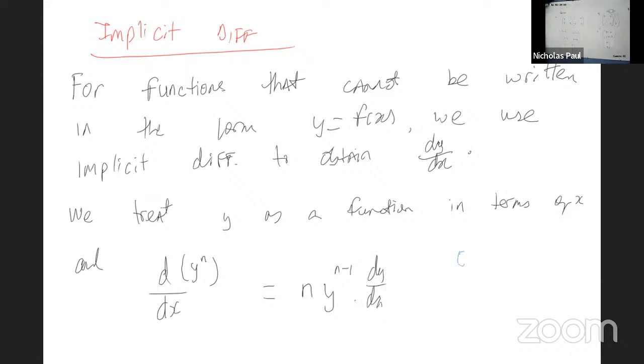Right, quick example. If I ask for the differential of y cubed, it will be 3y squared dy dx. Right, as I was showing you earlier, right?